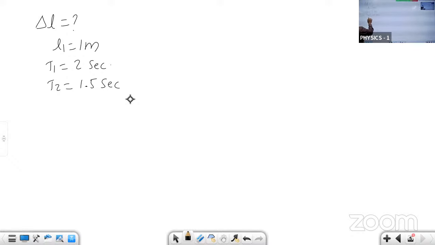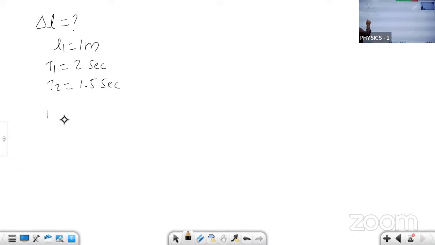Given data: length 1 meter, time period changes from 2 seconds to 1.5 seconds. What they are asking is to calculate the change in length, delta L equals question mark. The time period decreased.